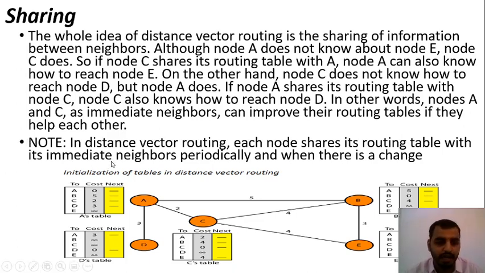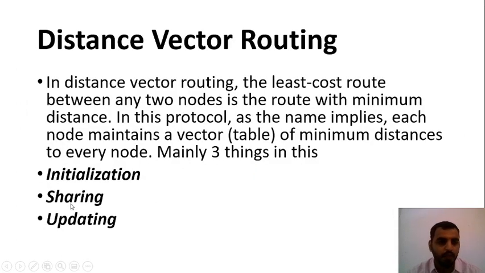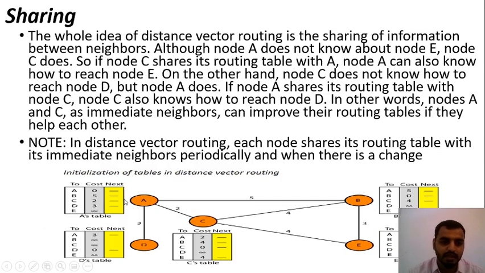In distance vector routing, each node shares its routing table with its immediate neighbor periodically, and when there is a change. When we are sharing things, the table is updated. Every time we share the router table with the neighbor nodes, it will be updated.